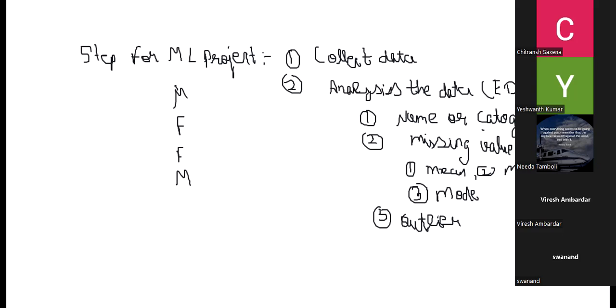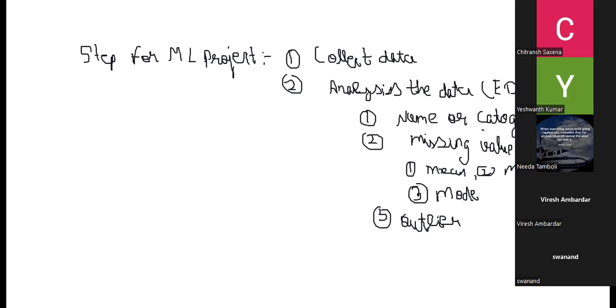Machine learning wants numerical data, not categorical data. So convert this data into 0 1 0 1. So this is also a category. Okay, sir, if you put your data like this, as string values, then you will get some error. Okay, yes.